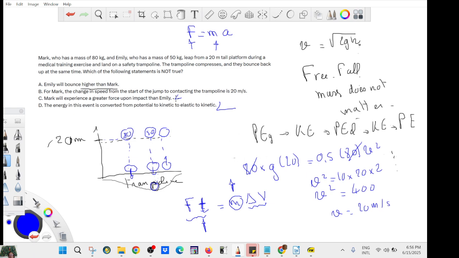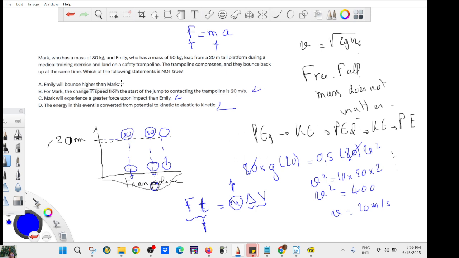So that will be true. Mark's change in speed from the start of the jump is 20 meters per second. That is true, because the final velocity is 20 and you start with velocity of 0. So the change is 20.